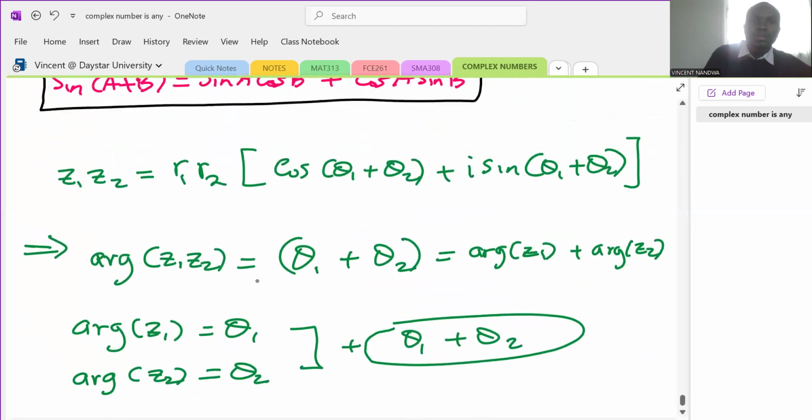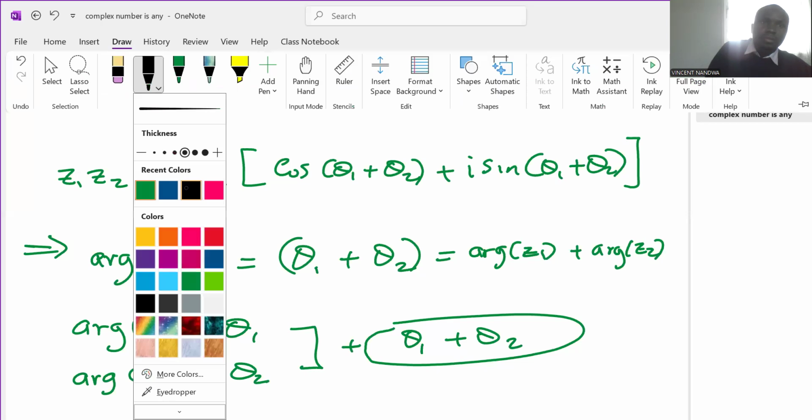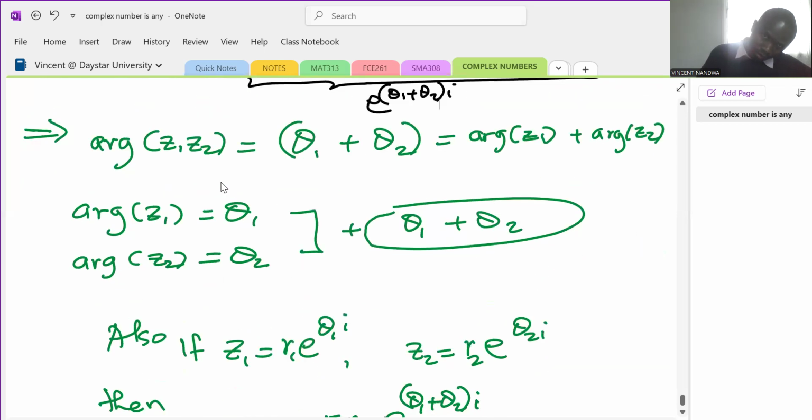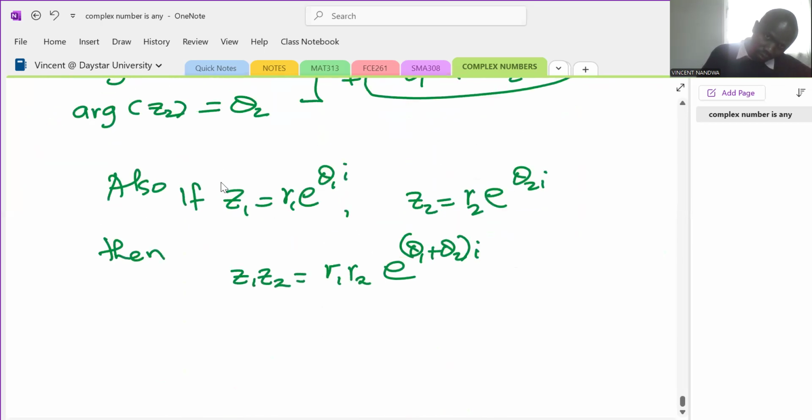That can be seen from what we have here: in exponential form, this whole bracket can be written as e raised to the power (theta 1 plus theta 2) i. So that's why Z1 Z2 is R1 R2 e to the power (theta 1 plus theta 2) i.